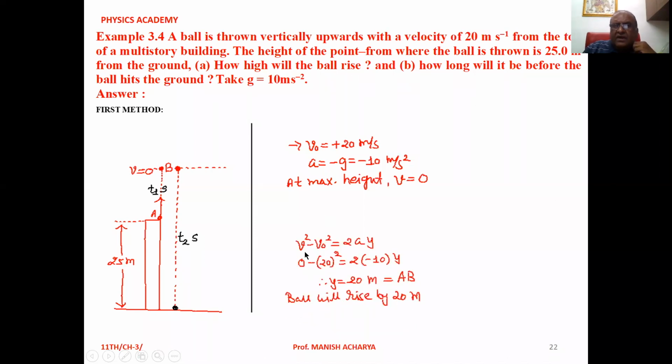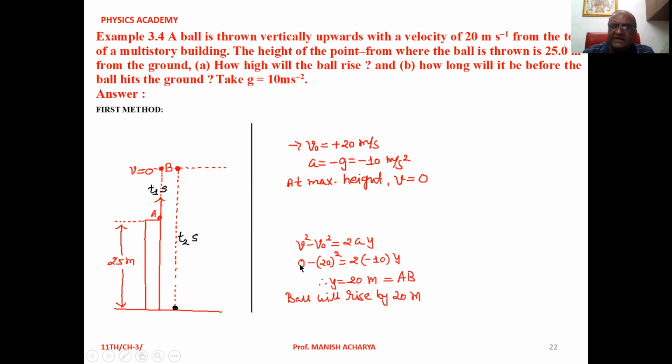Now, how much distance is covered by it? So how high the ball will rise, that we want to calculate. We can use the equation v squared minus v0 squared equals 2ay.